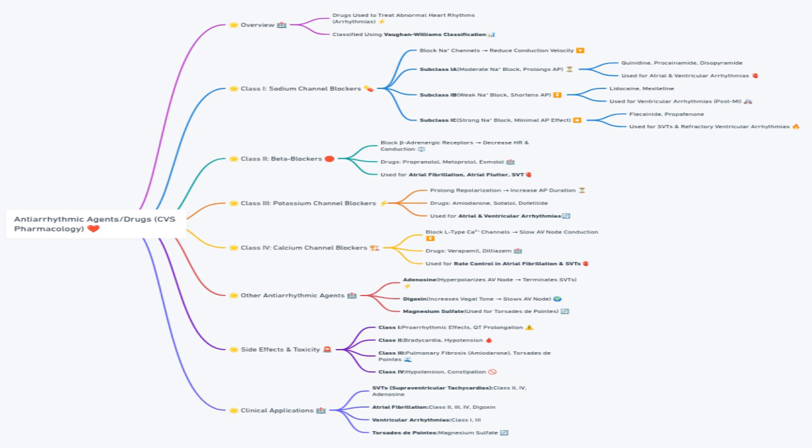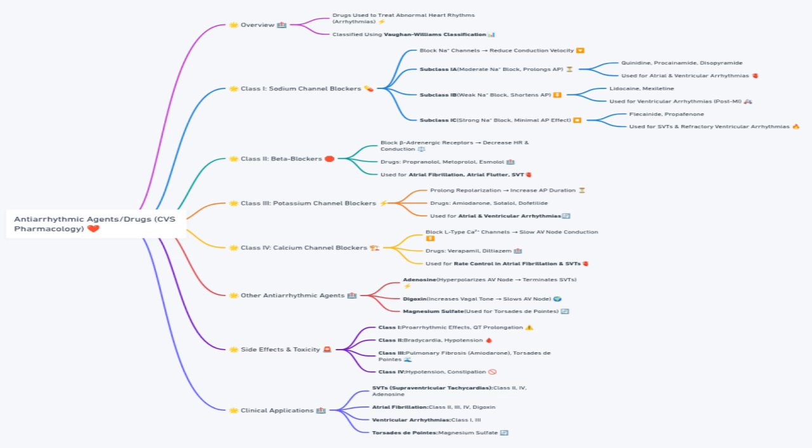So, as a result of its negative inotropic effect, it may precipitate heart failure de novo in patients with persistent depression of left ventricular function. So it's not the first line antiarrhythmic agent, and it should not be used in patients with heart failure.